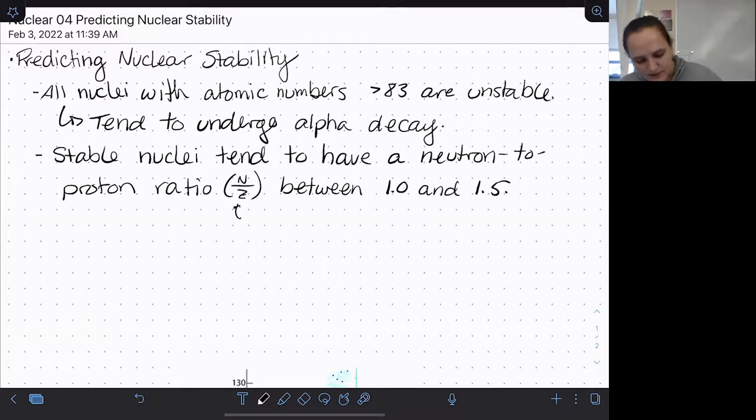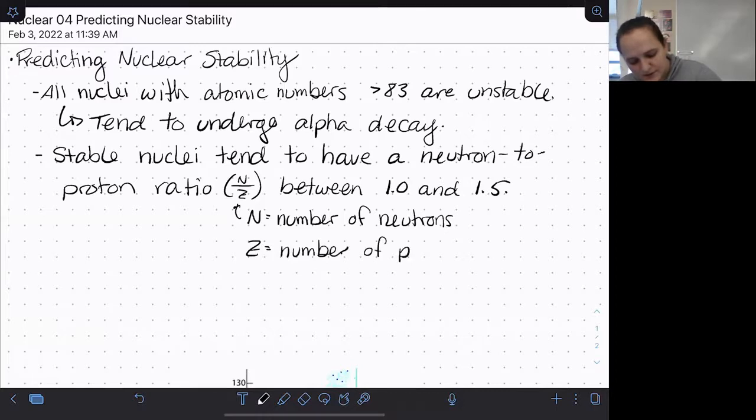So to expand on this a little bit, N is our number of neutrons, Z is our number of protons. I don't know why it's Z, but it's Z.